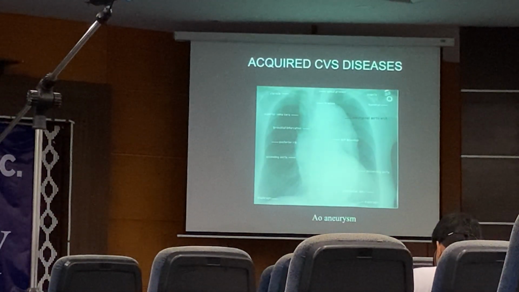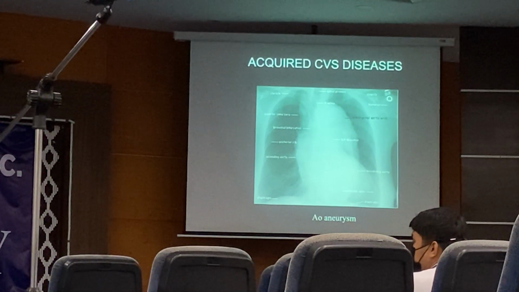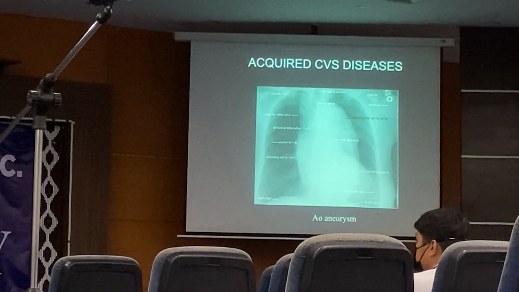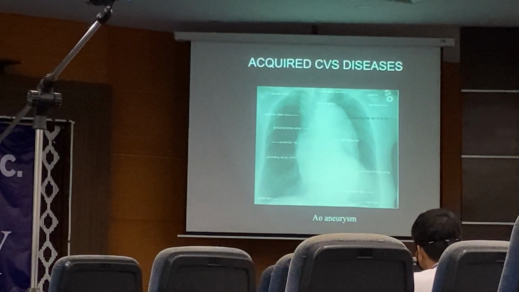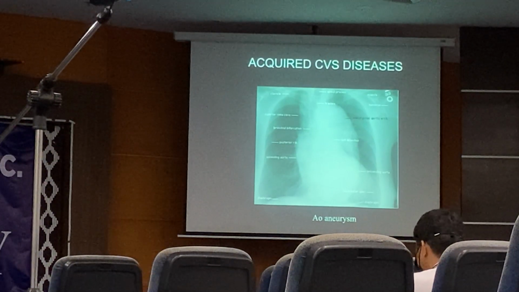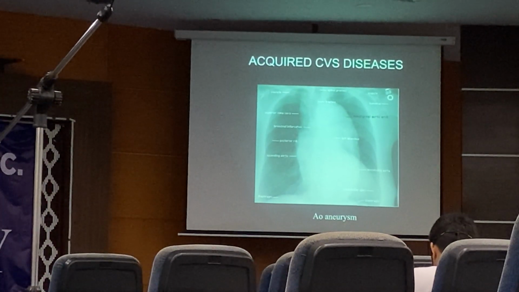Aortic aneurysm is also common in the elderly because of hypertension and high cholesterol, and if they have connective tissue diseases like Marfan syndrome, they develop aortic aneurysm.